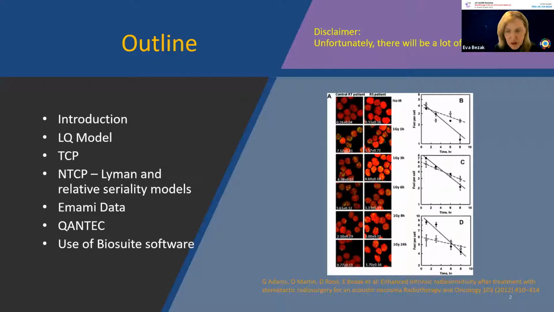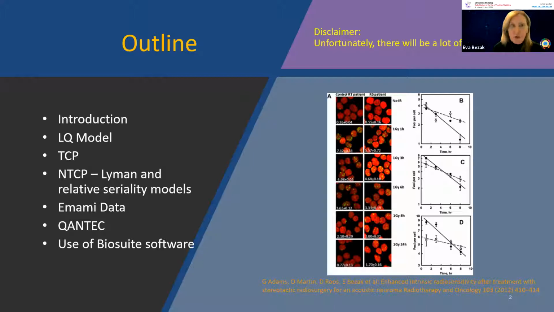I will talk a bit about the data that we use for these models, and we'll finish with an example of using BioSuite software that will allow you to do biological comparison of treatment plans. Unfortunately, I have to warn you, there will be a lot of equations, so I will try to make them as simple as possible. Let's see how we go.